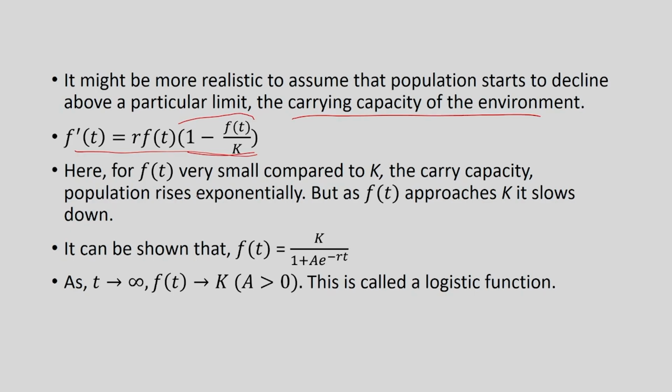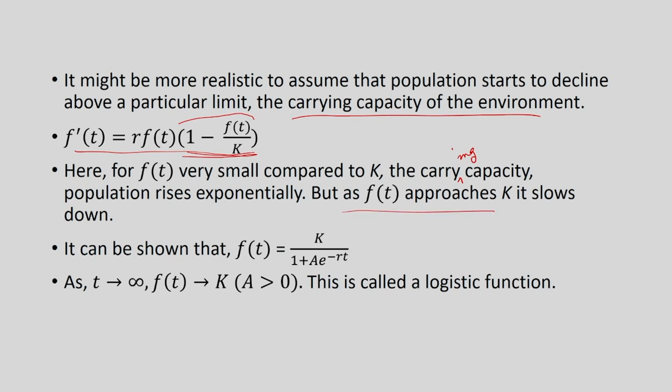Here, for F of t very small compared to K, the carrying capacity, population rises exponentially. So, this part becomes roughly equal to 1 if F of t is very small compared to capital K. In this case there is no environmental problem, population has a lot of margin to grow, but as F of t approaches capital K, it slows down.